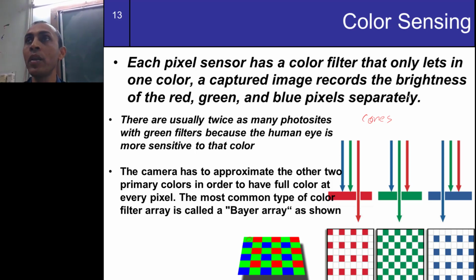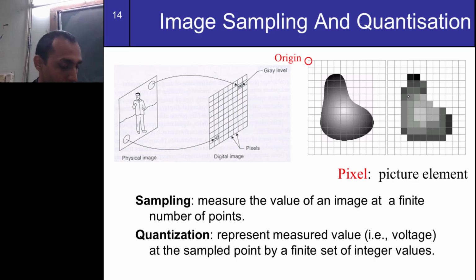Not all possible colors, but the majority can be obtained by an appropriate combination of weightage, or proportion, of these RGB colors. So that we'll discuss later on.